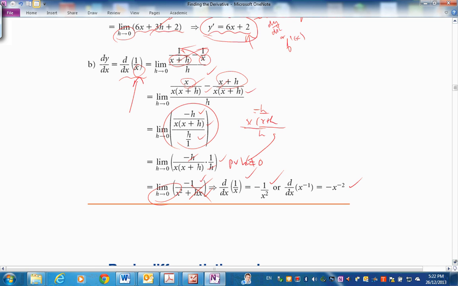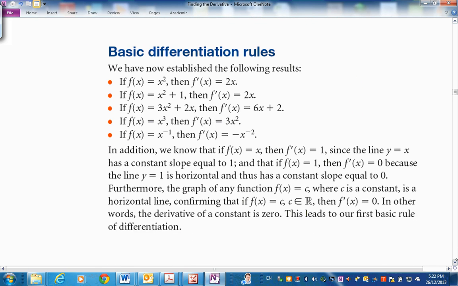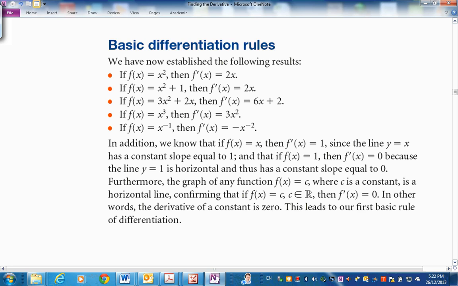Okay, let's go on and have a look at what we've found. Basic differentiation rules. When we do this process, when we differentiate or find the derivative, that is the function which is derived to give the slope of the tangent or the instantaneous rate of change, any of those, and there are the three symbols for them, aren't they?